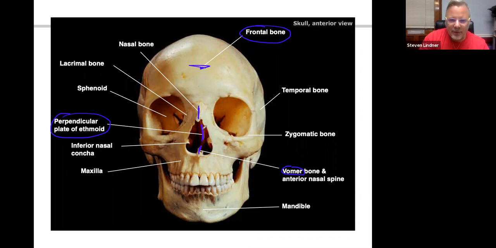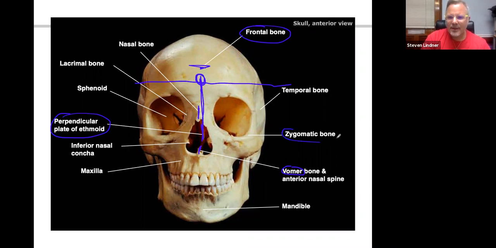The perpendicular plate comes up here and creates a little extension. When the top of the skull is cut off and we look down, we're going to see a little extension come up in a little circle called the cribriform plate, and that extension coming up is called the crista galli. Keep that as a mental note. When we see crista galli, we know it's just an extension of this coming straight up.